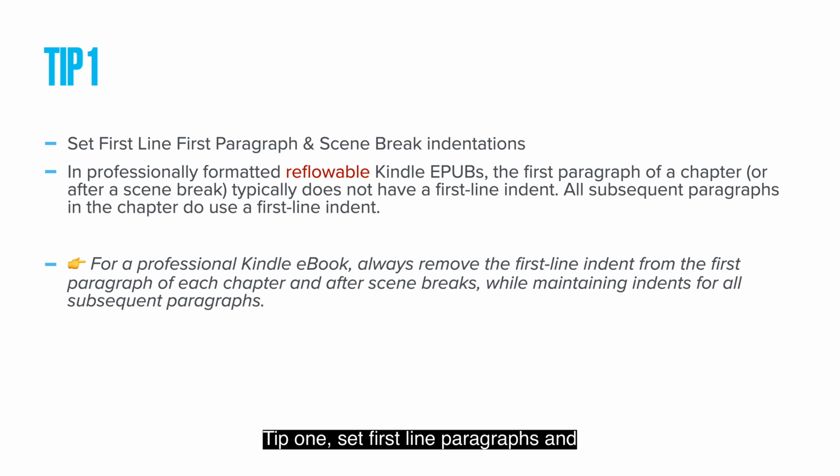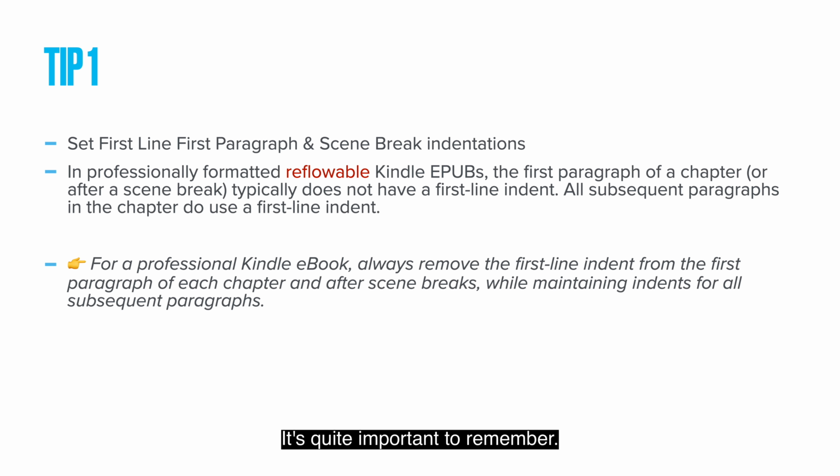Tip 1. Set first line paragraphs and scene break indentations. In professionally formatted reflowable Kindle EPUBs, the first paragraph of a chapter, or after a scene break, typically does not have a first line indent. All subsequent paragraphs in the chapter do use a first line indent.